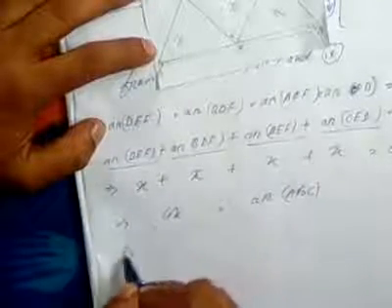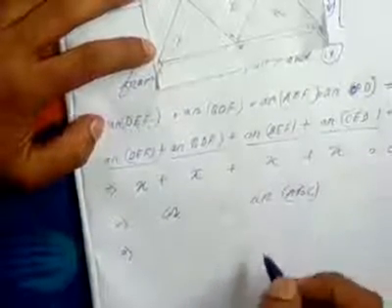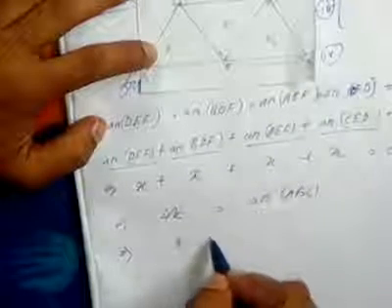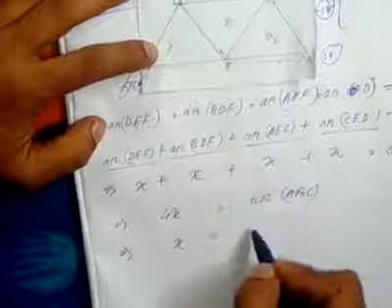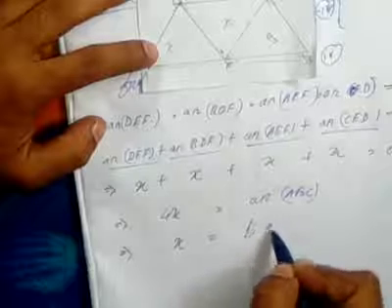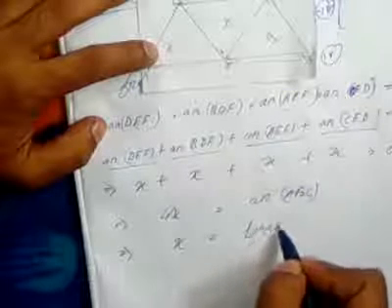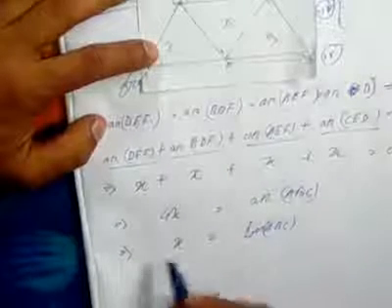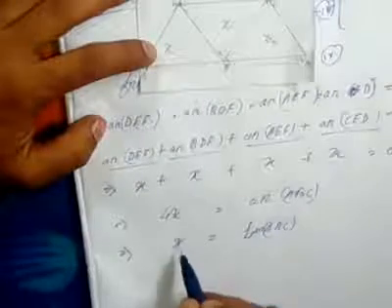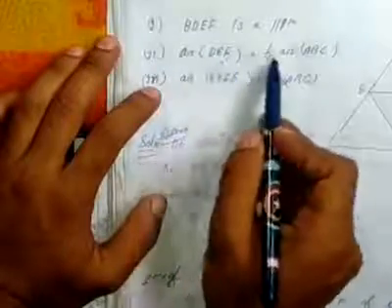So in this multiplication form, we will move it to the other side, where it will be divide, isn't it? So x is equal to 1/4 of the area of ABC. We need not find x here; if you want to check, then DEF is equal to 1/4 of ABC.